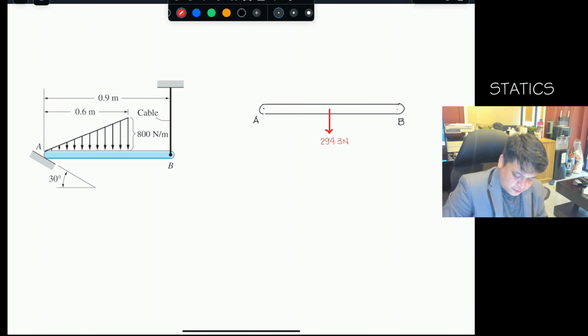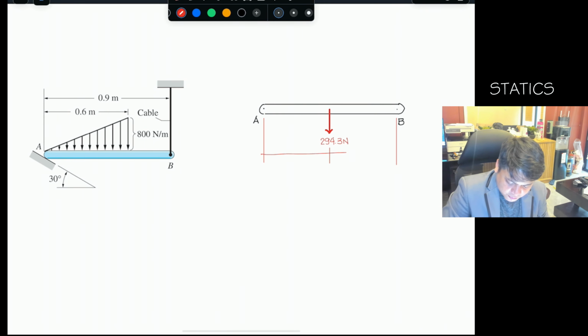Okay? So, ang distance niya, okay, kalahati, ano? So, sabi, fully dimension. So, sige, lagyan natin ng dimension. So, you can have here the distance. If that is 0.9, meron kang 0.45 meters.